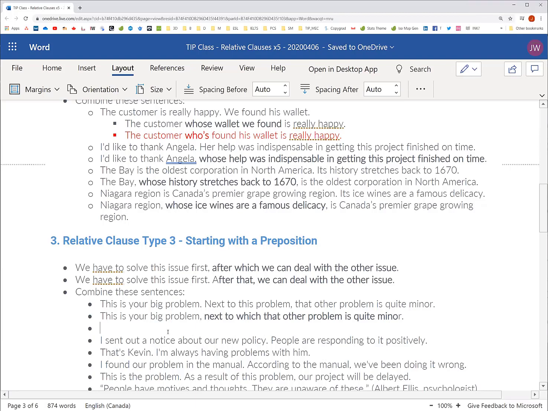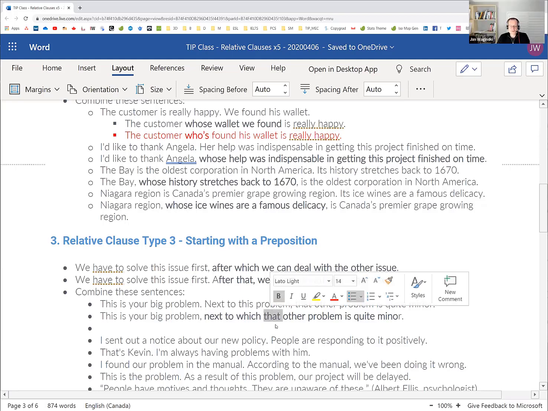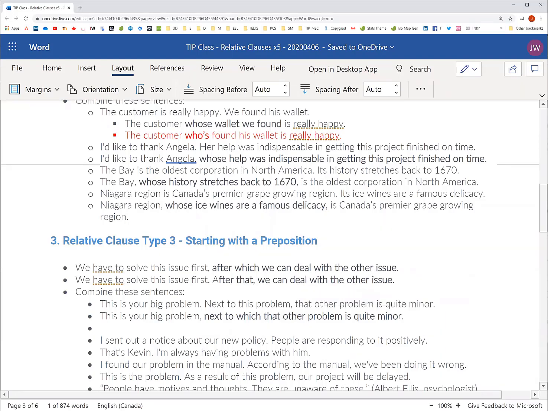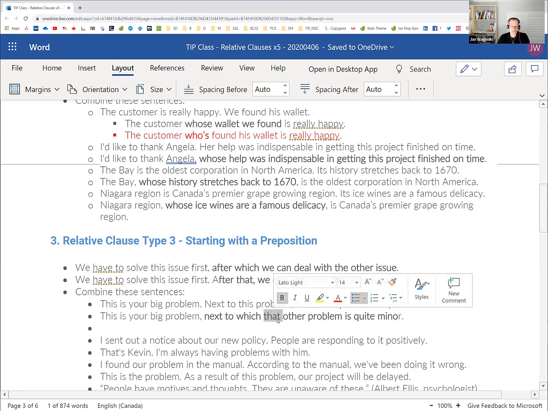But next to which, we will remove that also. No, this is not a relative pronoun. This is like pointing: that one, this one, those ones. So it has to stay there. This could be "the," or it can be "that," but you need something there.